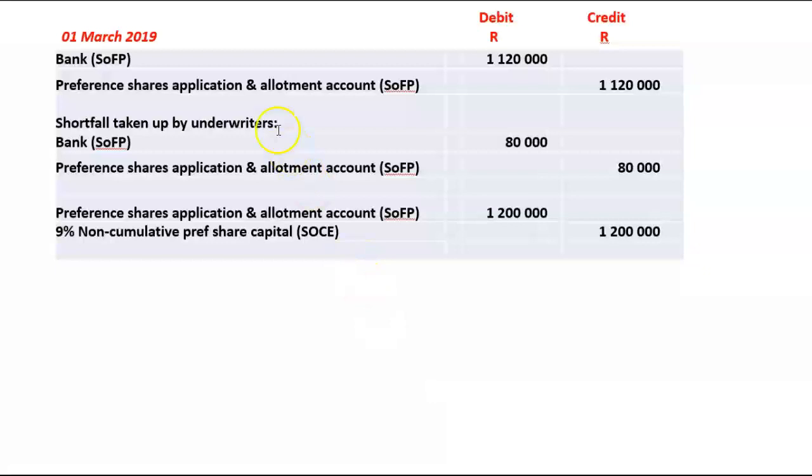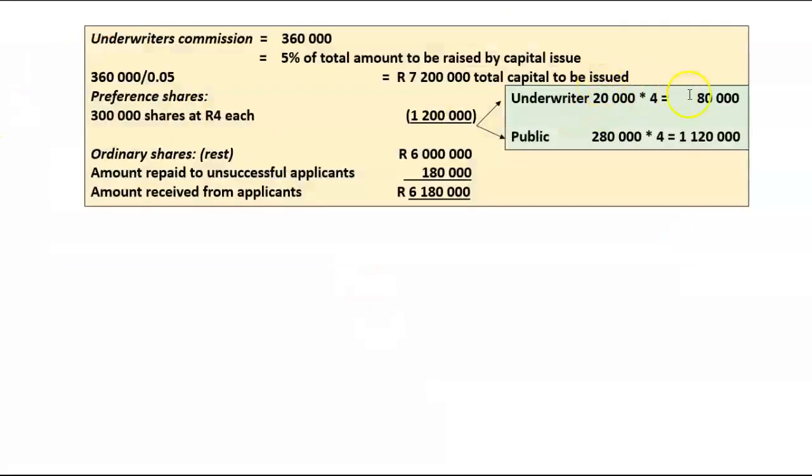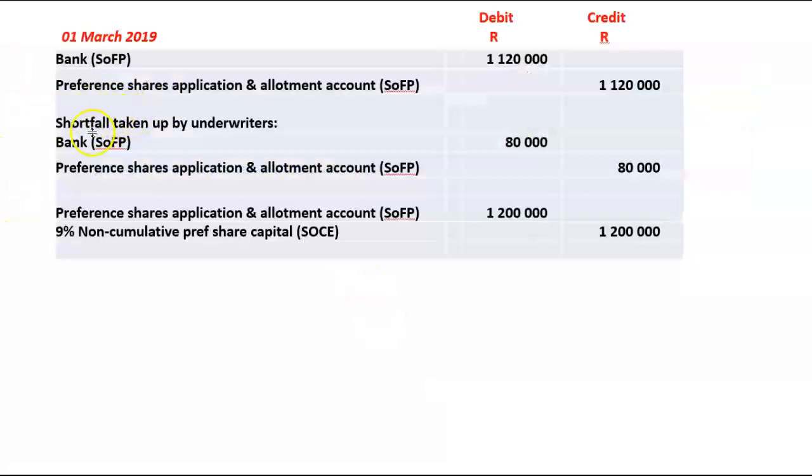So the underwriter took up the shortfall of 80,000. So we would have debited bank 80,000, preference share application and allotment account 80,000. And then we would have taken out the balance of that share application and allotment account, 1.2 million, and we would have credited 9% non-cumulative pref share capital account.